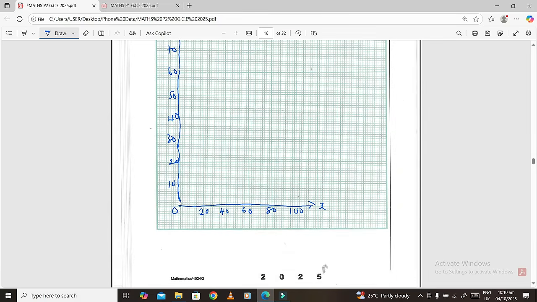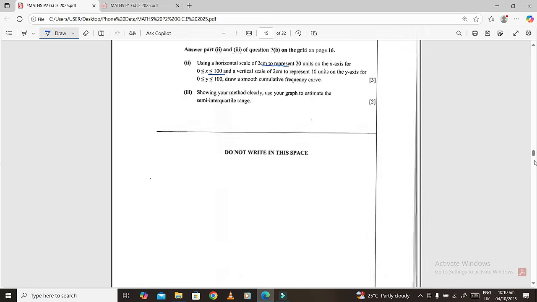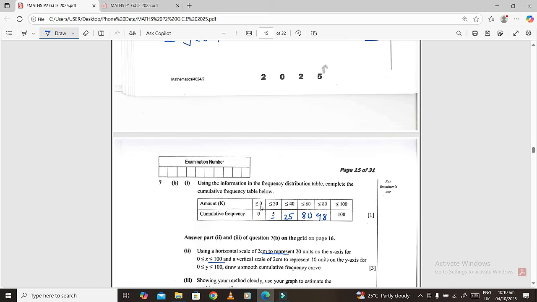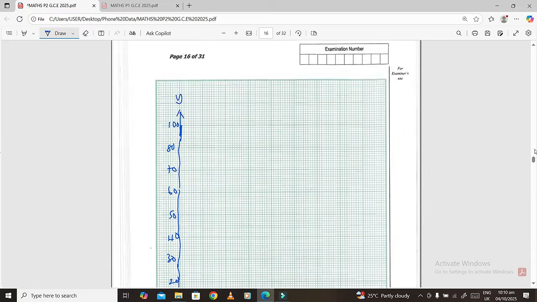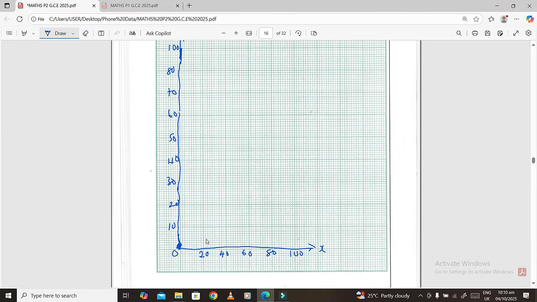And yeah. So now the first point is 0,0. It's right here. So how am I getting the points? The top numbers are the x-axis, the bottom are the y-axis. So this is 0,0. This one is 20,5. So 20,5 will be somewhere here.